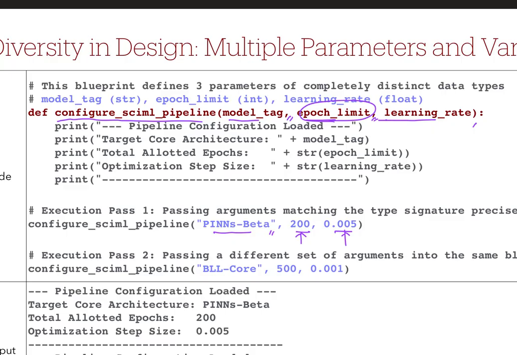When you call this function with those three arguments, then the parameters are defined by text string, integer, and float number in that order. But you can call the function with different types of variables. As long as the structure or syntax seems to be fine, you can provide any arguments.